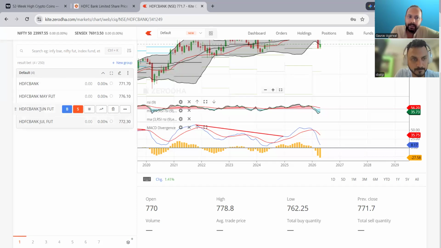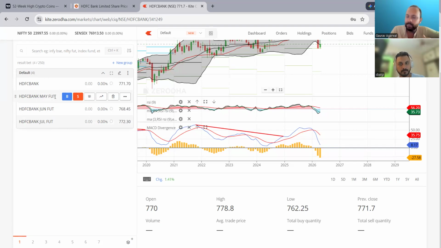Same thing, it is available in FNO also, right? You can see that HDFC Bank May future, June future, and July future, right? So in India, we have only the 3 months expiry available, means the current month is May, June, and July, right? So you can take a contract of maximum 3 months from today, right?